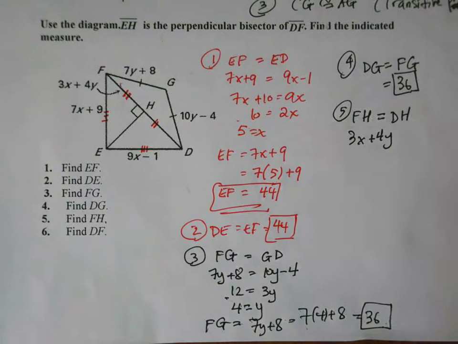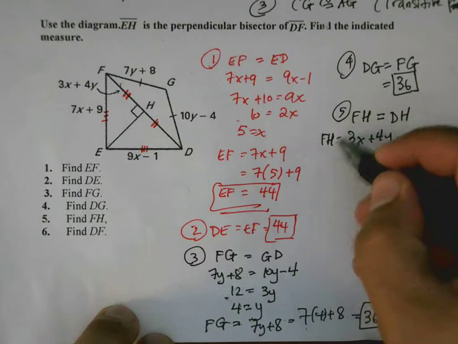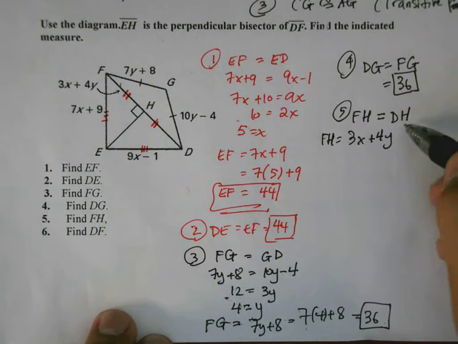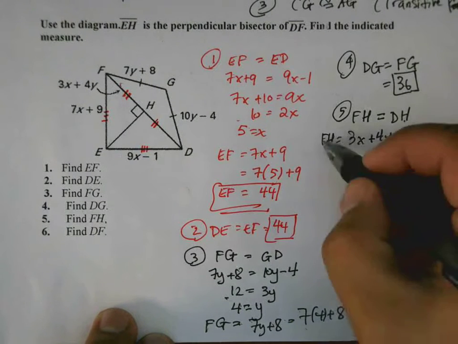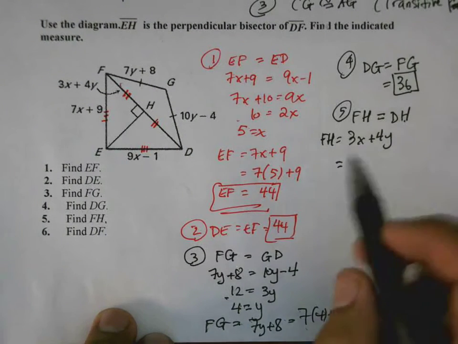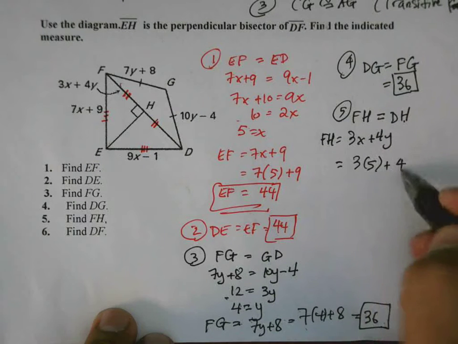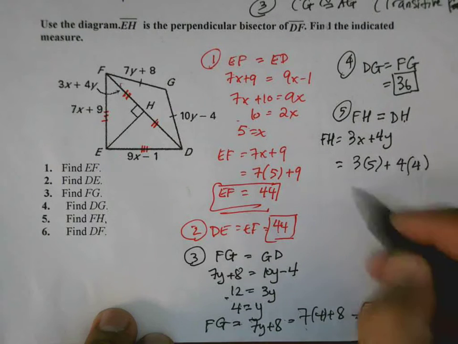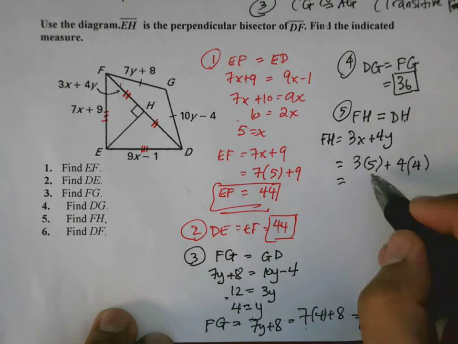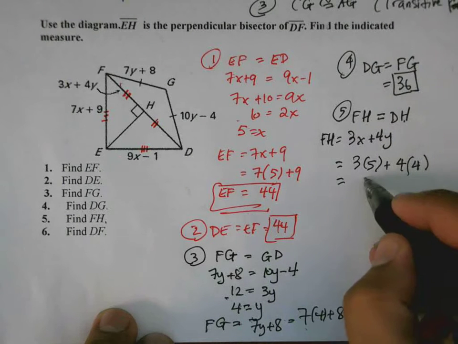So maybe I jumped the gun a little bit here in saying that FH is equal to DH because we don't know what DH is, but that's okay. We do know that x is 5 and that y is 4. So once we make the substitution, we have 15 plus 16, so that is 31.